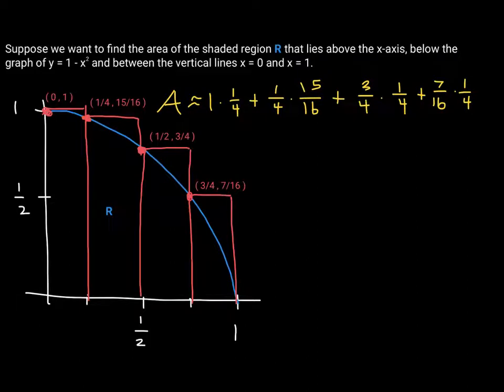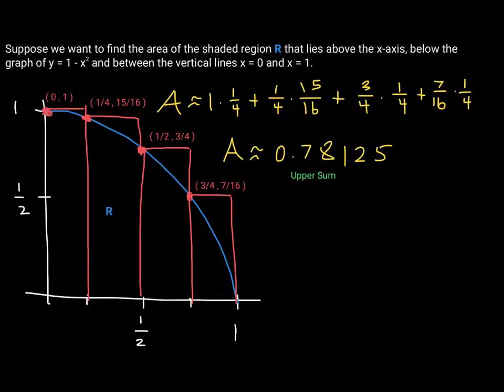All right, cool. So when you do all of this arithmetic, we're getting that the area is approximately 0.78125. Now this is closer to the actual area of our region R, closer than what we did before. Each of these is called an upper sum. The previous one was also called an upper sum.